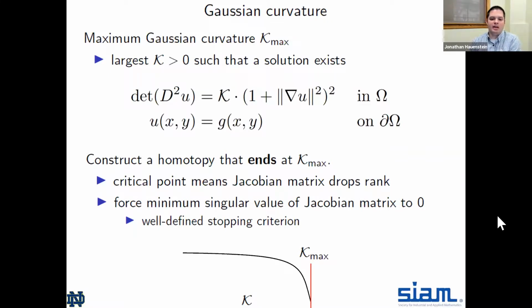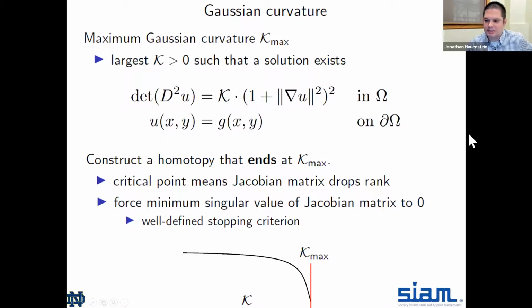The way you set this up is you look at where the Jacobian drops rank. A nice numerical description of where a Jacobian drops rank is the minimum singular value. So if you have a single point, you push the minimum singular value to 0, and that'll end at this maximum.